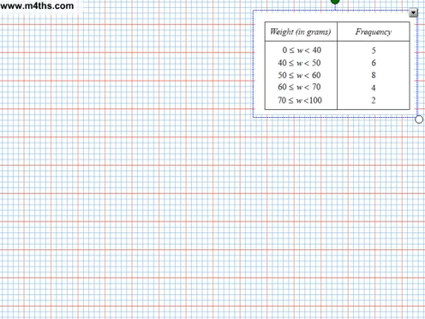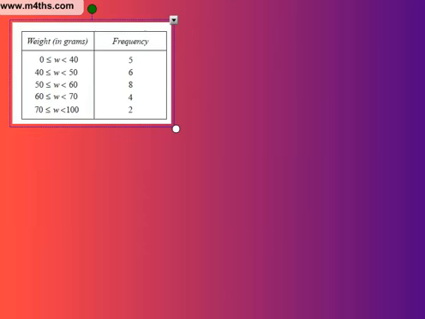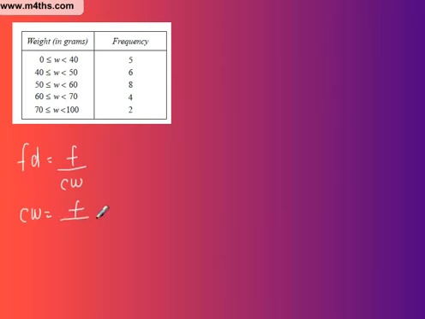The best thing for me to start working these out is to appreciate the following. Frequency density, FD, is the frequency divided by class width. Class width is equal to, all we do is swap these over, the frequency divided by frequency density.